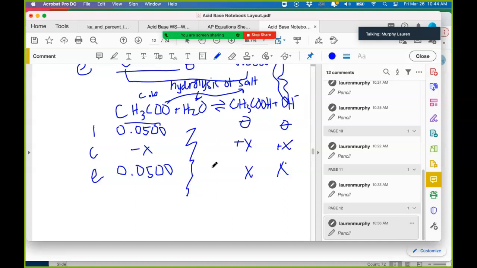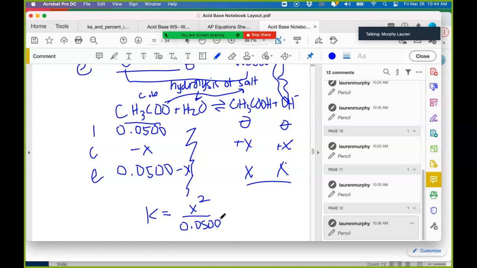We don't ever include water. So K equals, you're probably getting really good at this, X squared on the top. And then this is 0.05 minus X, but I'm going to get rid of the minus X. And this is the next hard part. And then I'll be done with the hard parts. Okay?